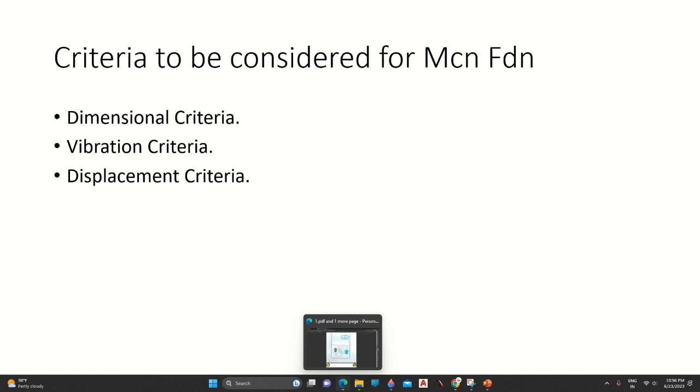Vibration criteria means the vibrations generated by this machine are within the range that a normal human ear can hear. And displacement criteria means when your machine is working, you should keep a close eye on whether the displacements are within the permissible limits.